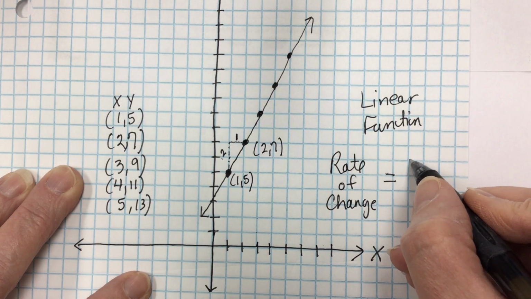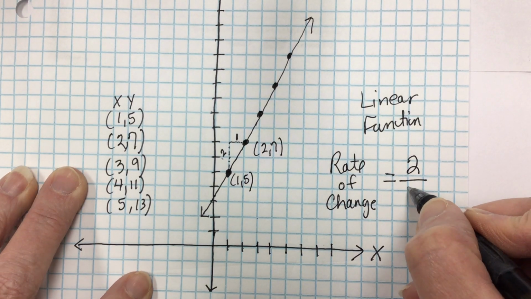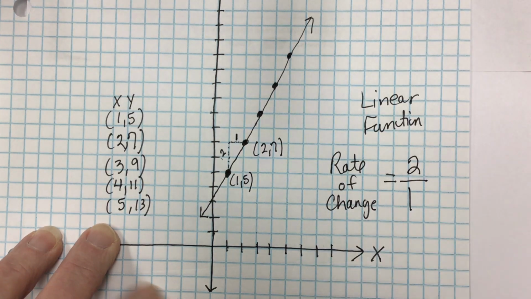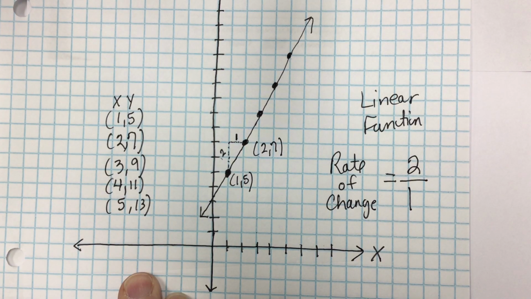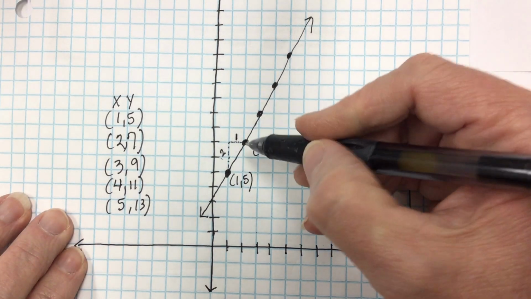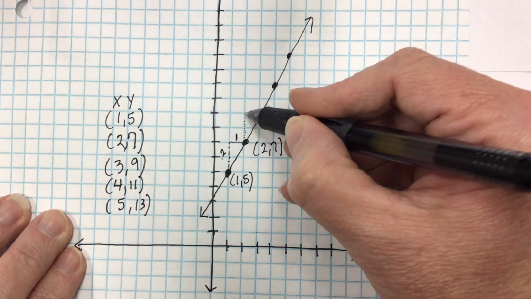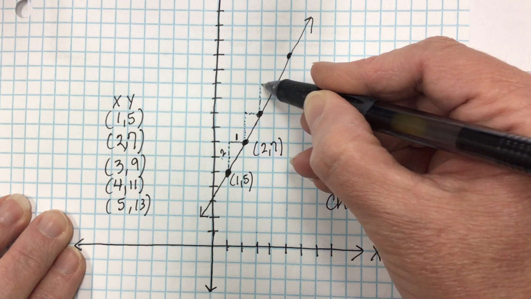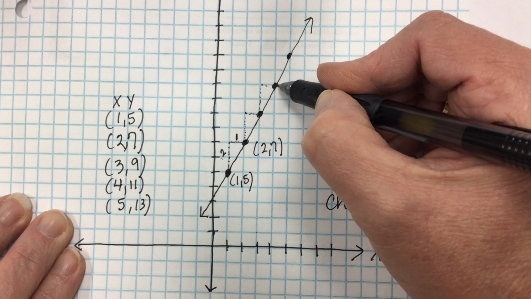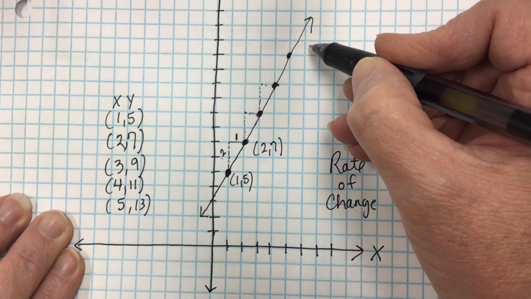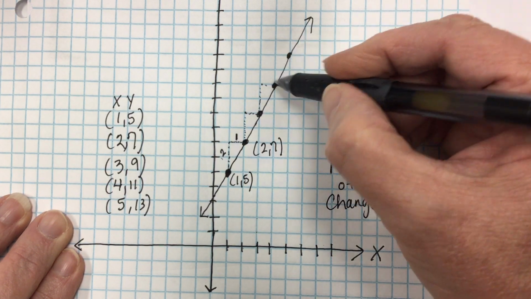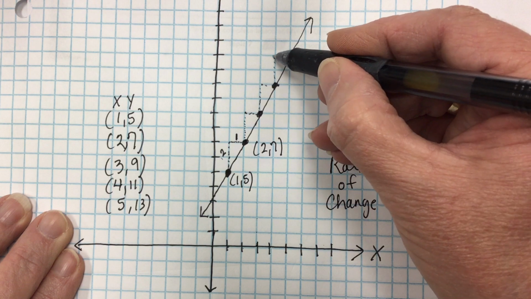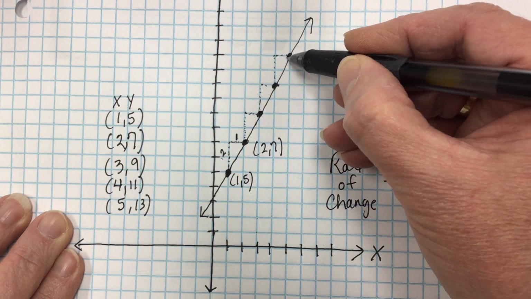So your rate of change would be 2 over 1. For every point, you rise 2, run 1. Notice my slope for this entire line is constant. Every time I will rise 2 and run 1 to go to the next point.